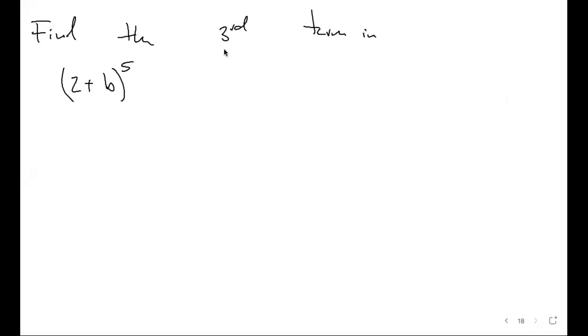Well, the first thing I'm going to note is I know that the third term is the 2 plus 1 term. So my r is going to be 2 in this case. So I know that the term I'm looking for is n choose r, x to the n minus r, y to the r. All right. So I'm going to plug in everything that I know.